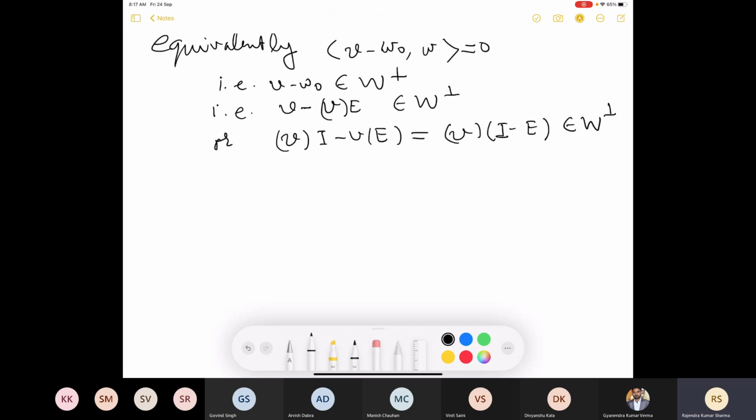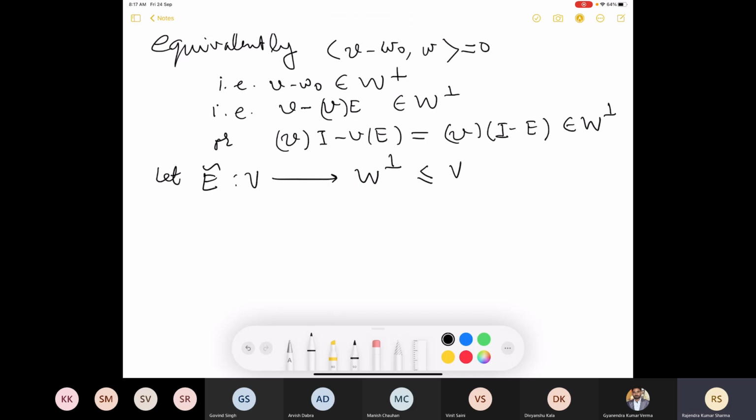And let us now define a map. Let us define the map, say E tilde, from V to V. W is of course a subspace of V that we know. In fact, we have proved, at least in the case of finite dimension, that V is the direct sum of W and W orthogonal.